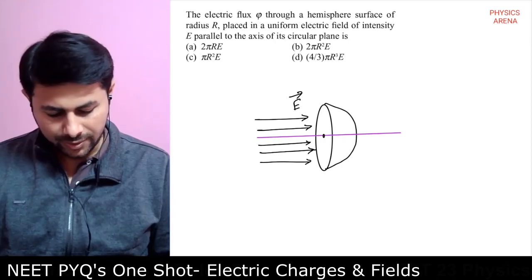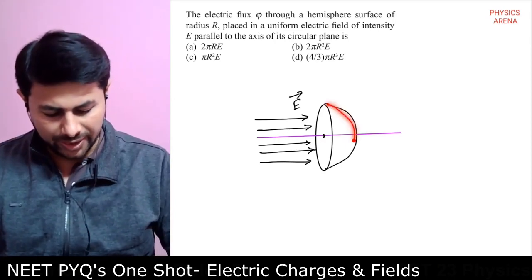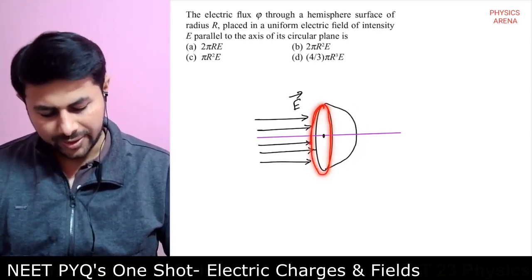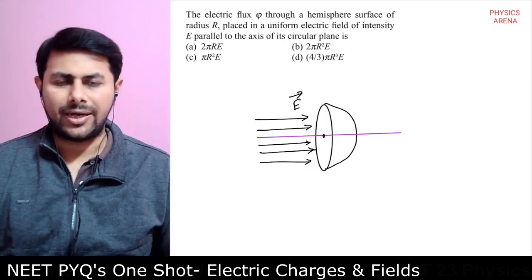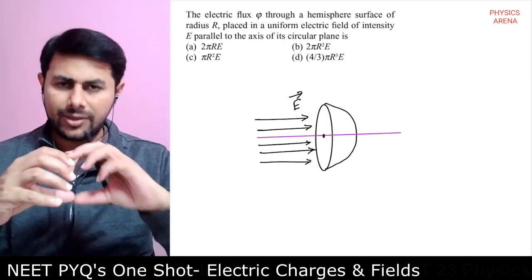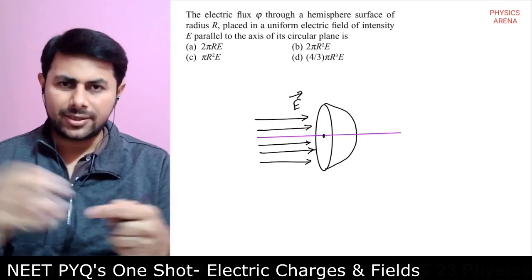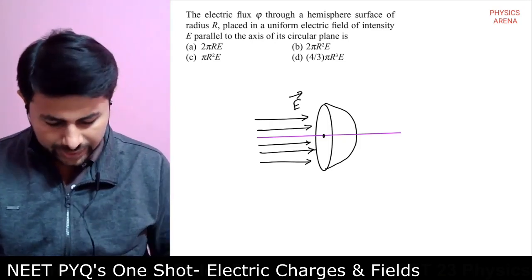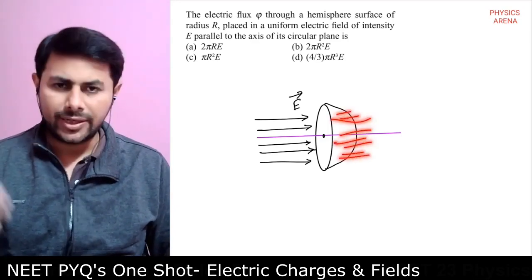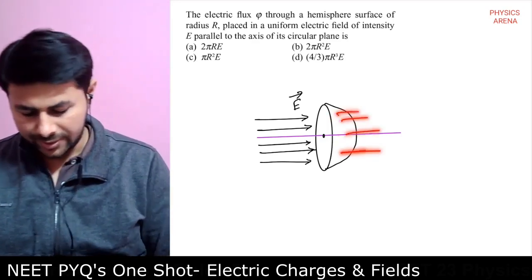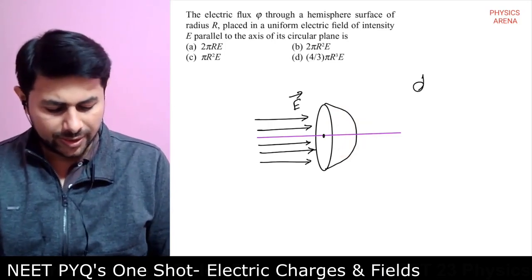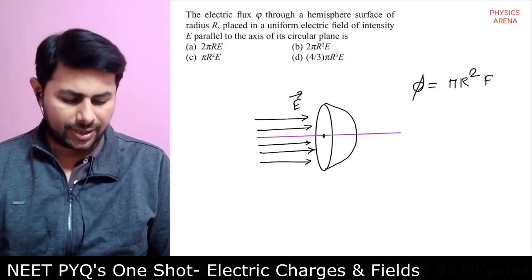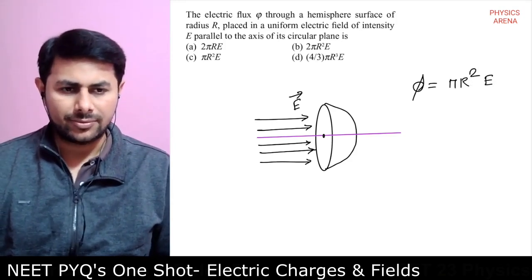So the effective area of this hemispherical surface is just pi r square. Whatever number of field lines enter through pi r square, they only go out of this hemispherical surface. So how much is the flux? Flux is equal to pi r square multiplied by E, or E multiplied by pi r square.